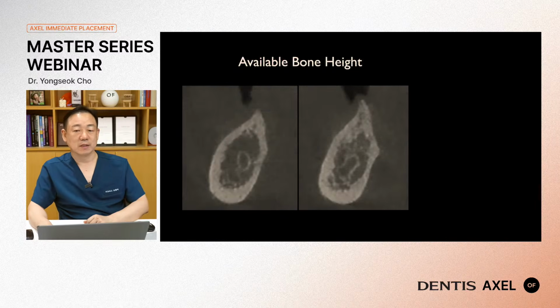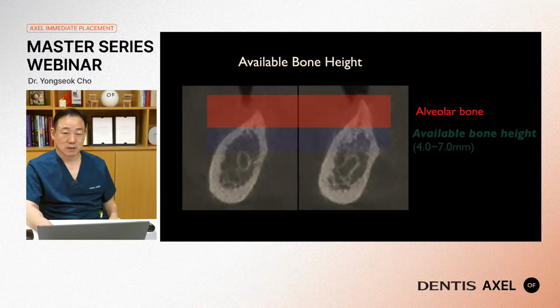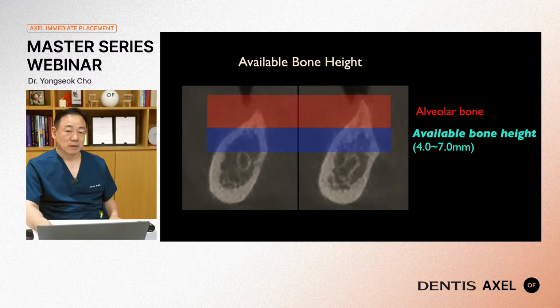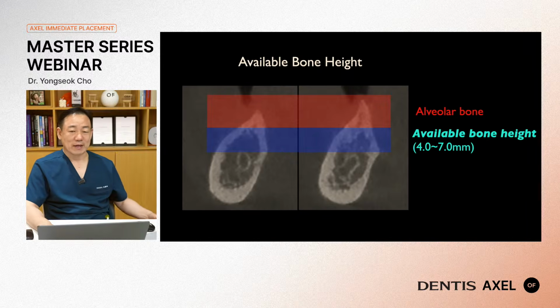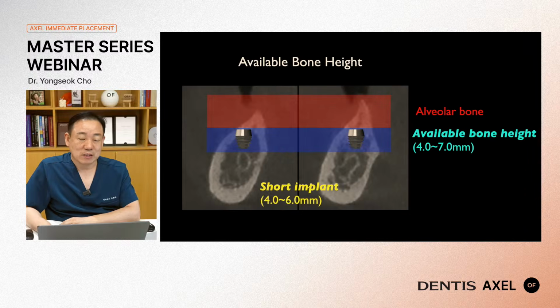Like this. Here, patient completely lost the alveolar bone. Then only basal bone is available. When it is more than 4 millimeter, minimum 4, generally more than 5 millimeter, then we can place extra short implant.